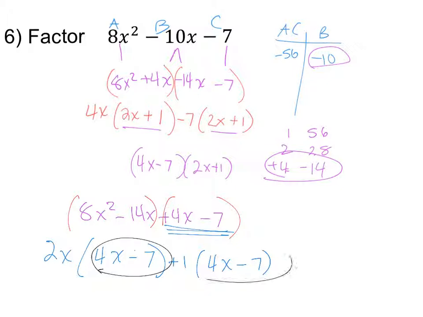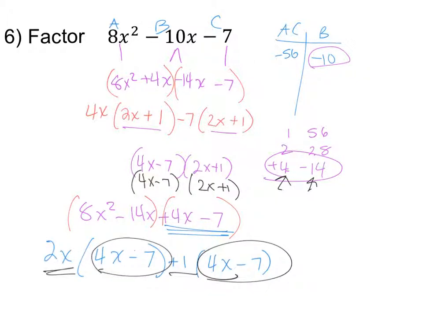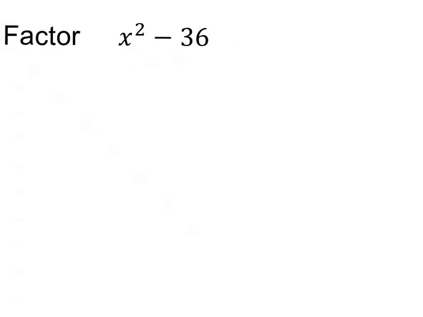You notice that your parentheses is now 4x minus 7, and what's left is 2x plus 1. You get the same exact answer. So the order of the 4 and the negative 14 doesn't matter. But what does matter is that if the negative is in the wrong spot, then you wouldn't get the right answer.